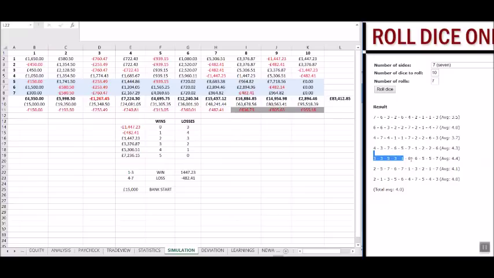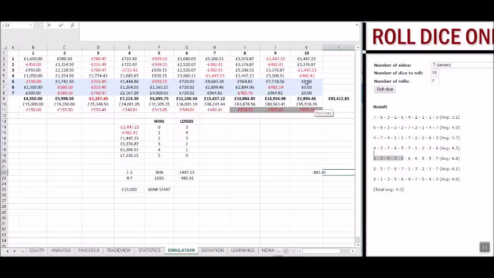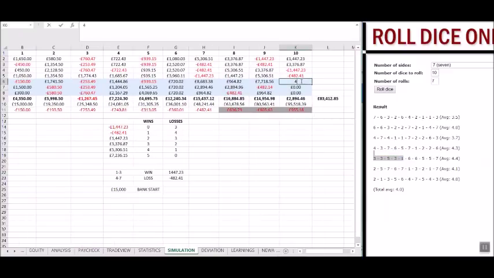Which comes to 4,824.1. Saturday there was only 1 win, so minus 482.41.